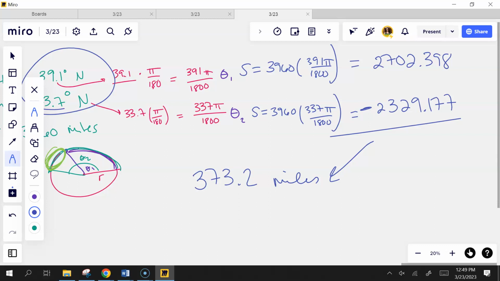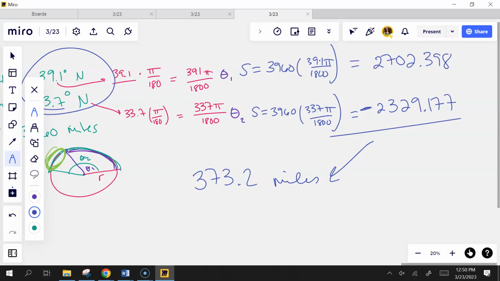Here's the way I do it to make sure. I do 391 divided by 1800 and hit enter. And then I hit times pi. And then I times 3960. Why wouldn't pi times 3960 times 391 divided by... Oh, no, I got that. You can.